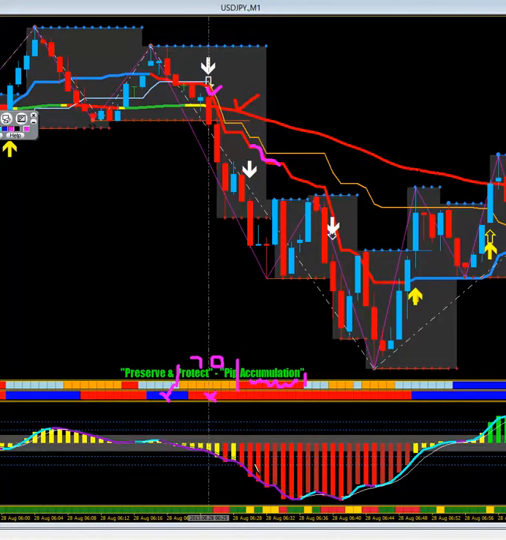Now the other thing that's very important, so first of all we must have this slope in the direction of the trade. So a slope downwards, or this purple line, is a sell. This over here, this bluish line, that's a buy, or a buy direction.